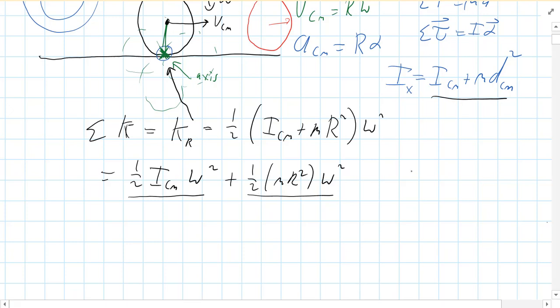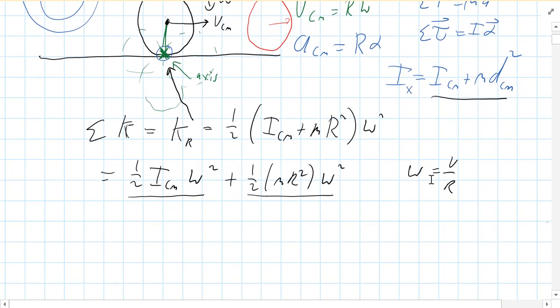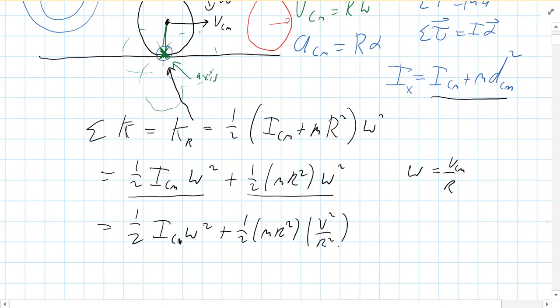Now, one other thing I know is omega is equal to V over R, right? I'm just looking at this V_CM equation and solving it for omega. I'm going to sub that in for omega here. And by the way, this is V_CM. So we end up with 1/2 I_CM omega squared plus 1/2 times m r squared times, if I square this, V squared over R squared.